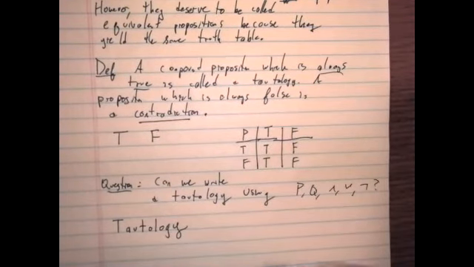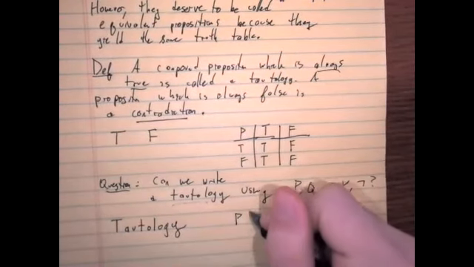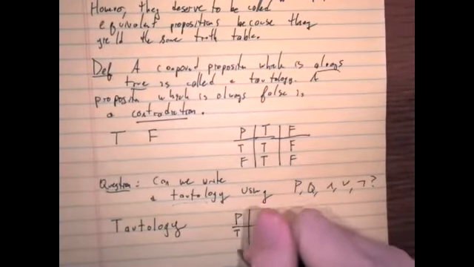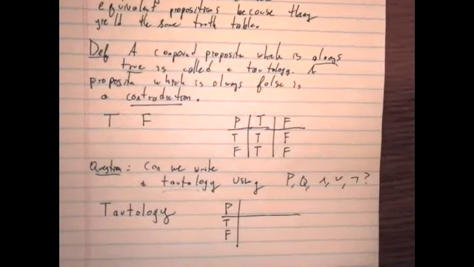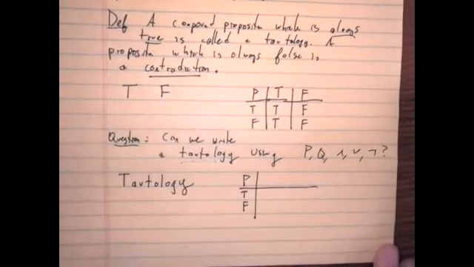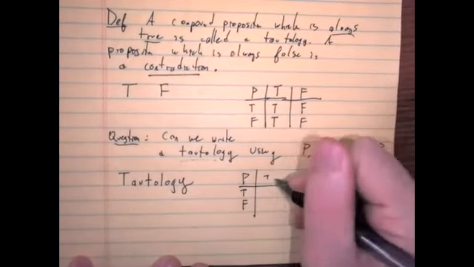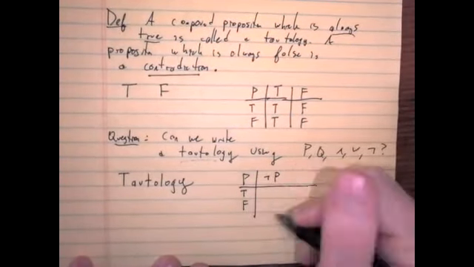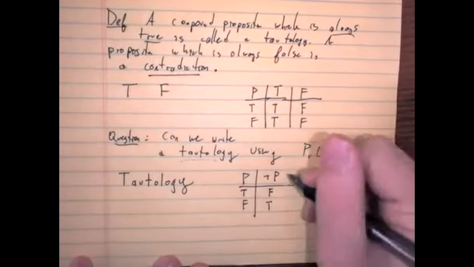Yeah, so let's first try working with a tautology. So let's think about P, which looks like true and false. And now let's remember the disjunction of two propositions. And think about not P, right? Not P is going to take the exact opposite truth values, so false and true.